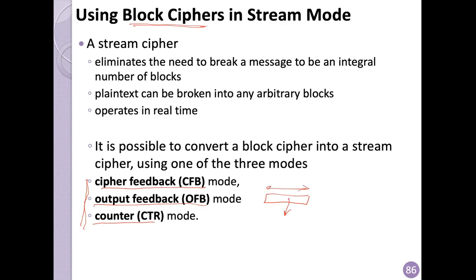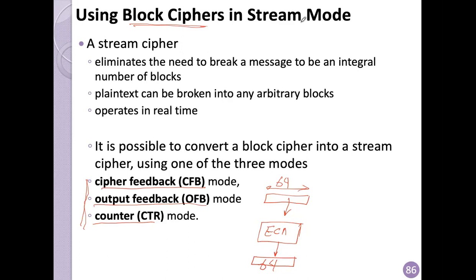That block has a fixed size, for example in DES 64, in AES 128, and you encrypt it using your encryption algorithm, and you get the same size of data at the output. Every time you invoke this encryption algorithm, you need to input 64 bits of data. There is no way to increase or decrease it. If your data is bigger, you need to break it into multiple blocks. If your data is less, you need to append some data to make it 64. So this is called block cipher.